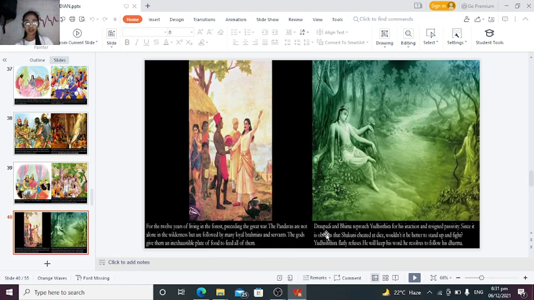Draupadi and Bhima reproach Yudhishthira for his inaction and resigned passivity. Since it is obvious that Shakuni cheated at the dice, wouldn't it be better to stand up and fight? Yudhishthira flatly refuses. He will keep his word. He resolves to follow his dharma.